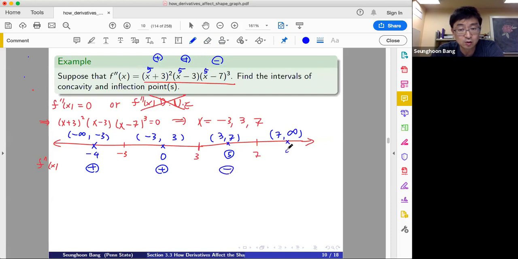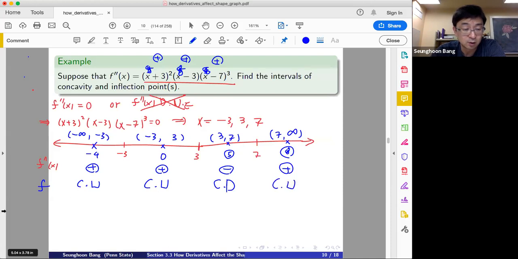The last one, you choose 8 and plug 8 into x. 8 plus 3 is positive, 8 minus 3 is positive, 8 minus 7 is also positive, all positive numbers, so positive. What's the graph of f? A positive second derivative means concave up: positive, concave up; negative, concave down; positive, concave up.